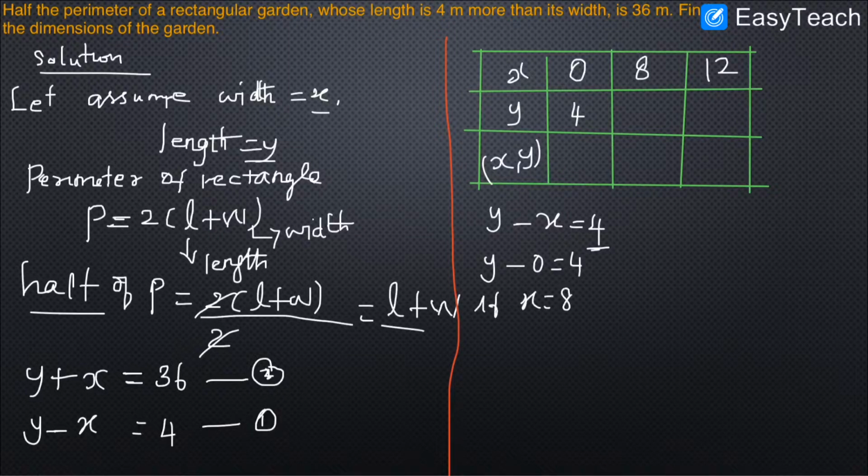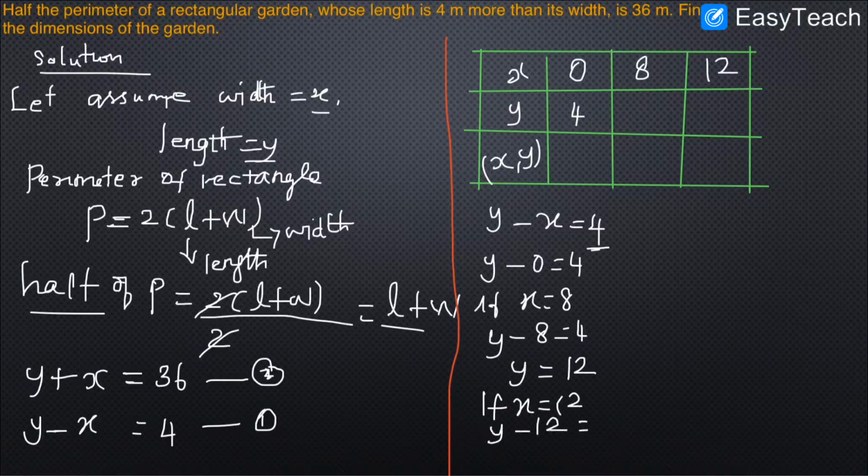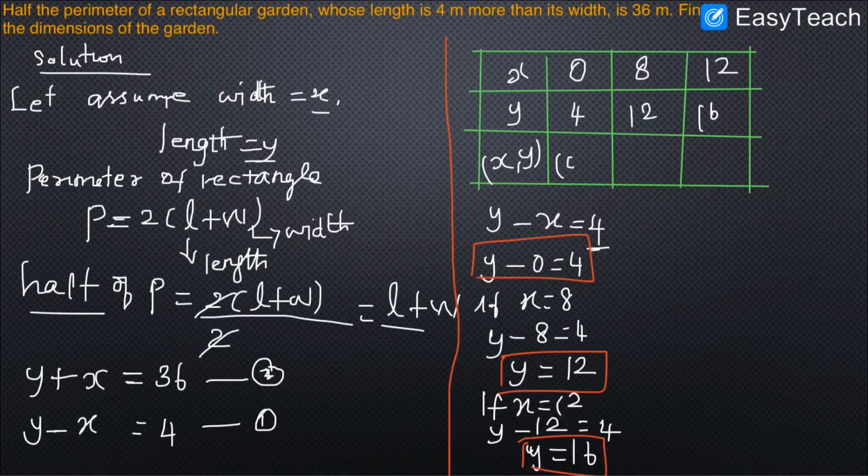If x equals 8, y minus 8 equals 4, y equals 12. If x equals 12, y minus 12 equals 4, so y equals 16. The vertices are (0, 4), (8, 12) and (12, 16).